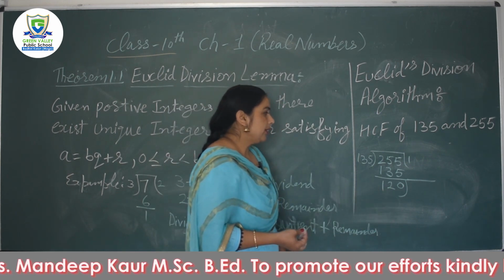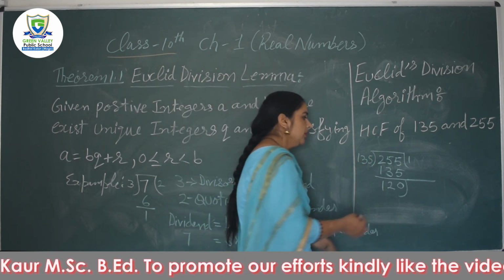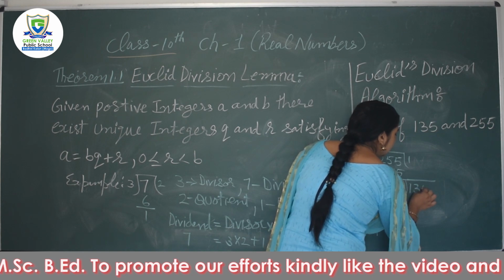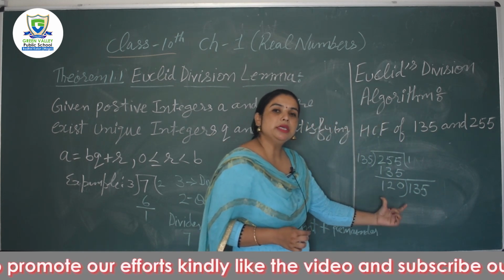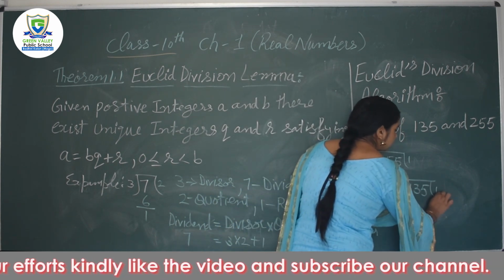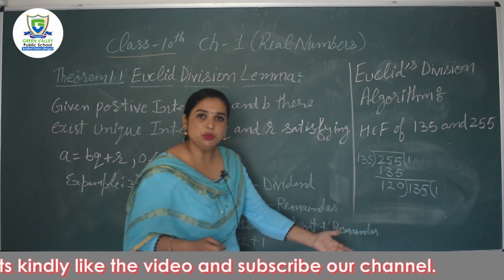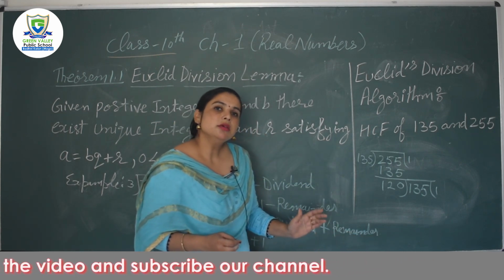So in the next step, as I told you, students, which was the previous divisor, that will become our dividend, and which was the remainder of the previous step, that will be our divisor. So again we have to divide, and we have to continue this process until we get our remainder as 0.